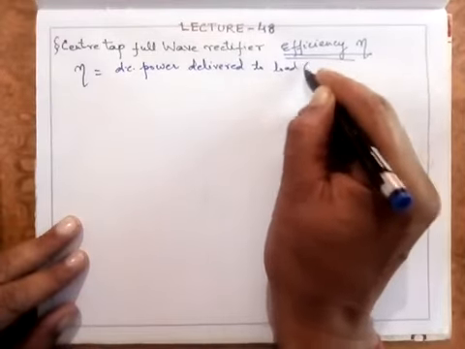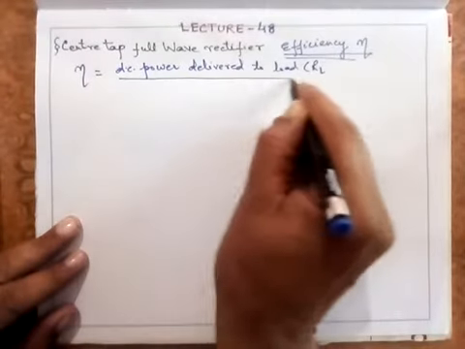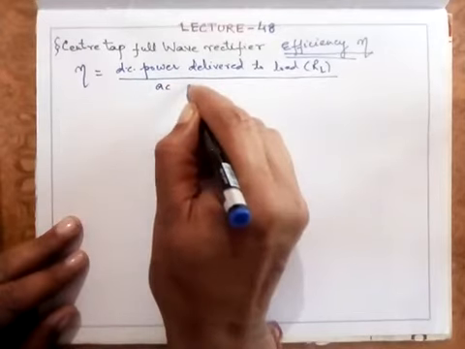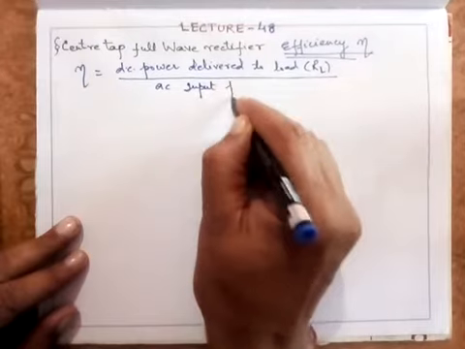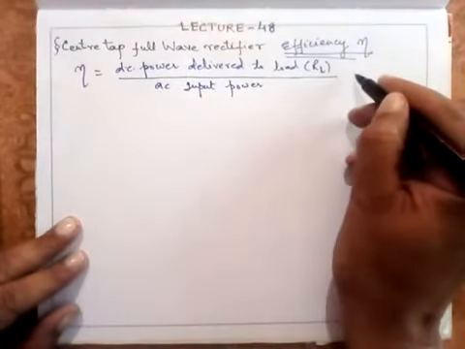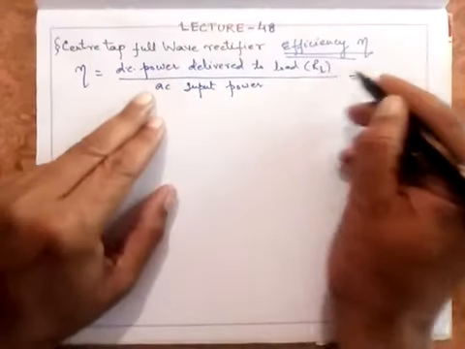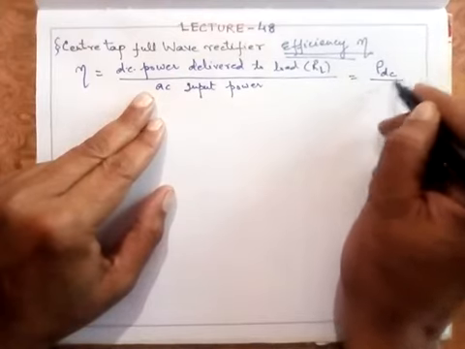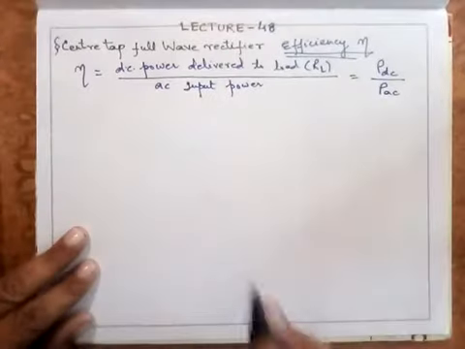Of course, if I assume that the load is RL, it is a ratio of the DC power delivered to the load to the AC input power. In general I represent this DC power by PDC. This eta is equal to PDC upon AC power, the ratio of DC power to AC power.